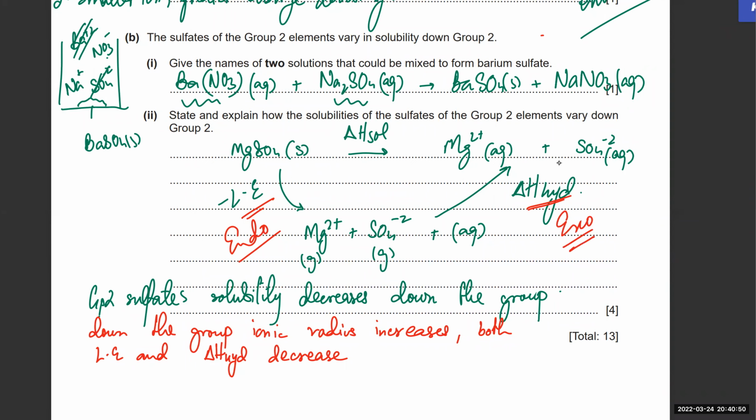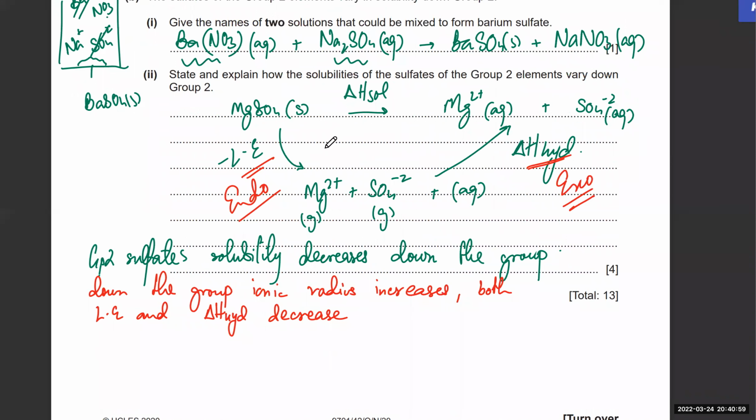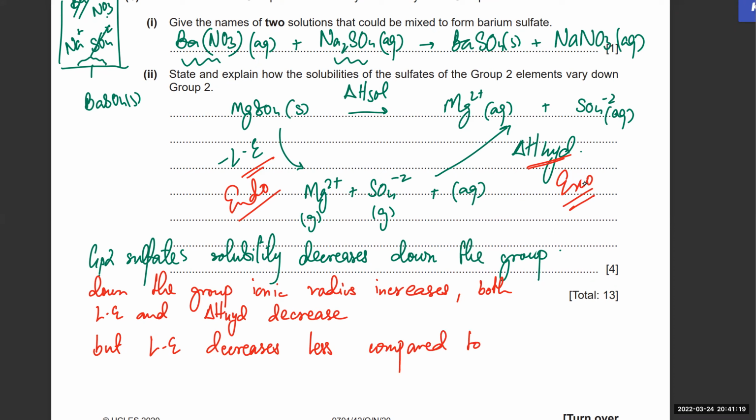So if the solubility down the group decreases, that means the overall process is becoming more endothermic, which is why it's not happening. It requires energy. So that means the endothermic part decreases less compared to the exothermic part. Both of them are decreasing, but the lattice energy decreases less compared to enthalpy change of hydration.